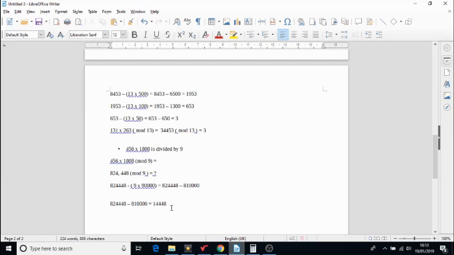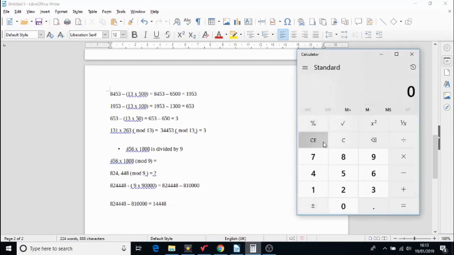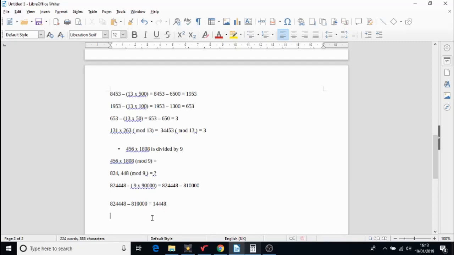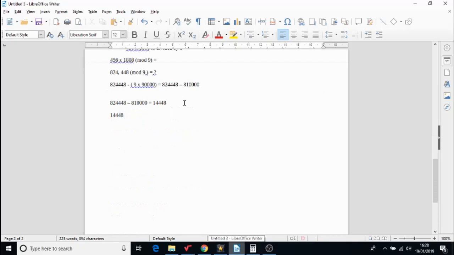We can just use the calculator to double check. I know I have a calculator to use, but I like to train my brain to work things out in my head. So that's correct. We're going to continue our chunking process. We got 14,448.